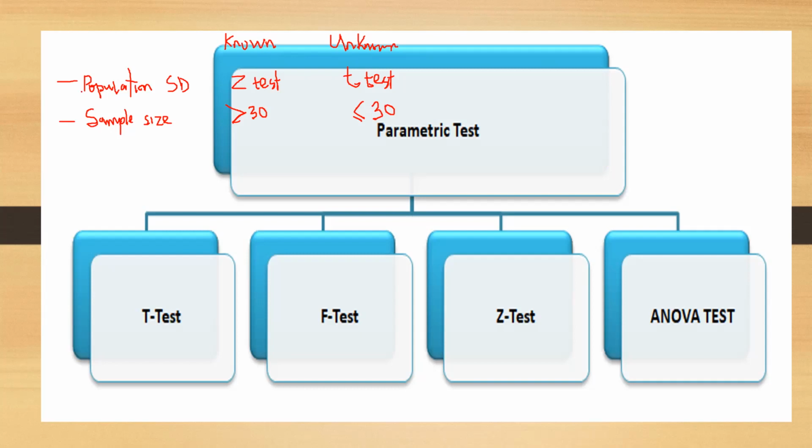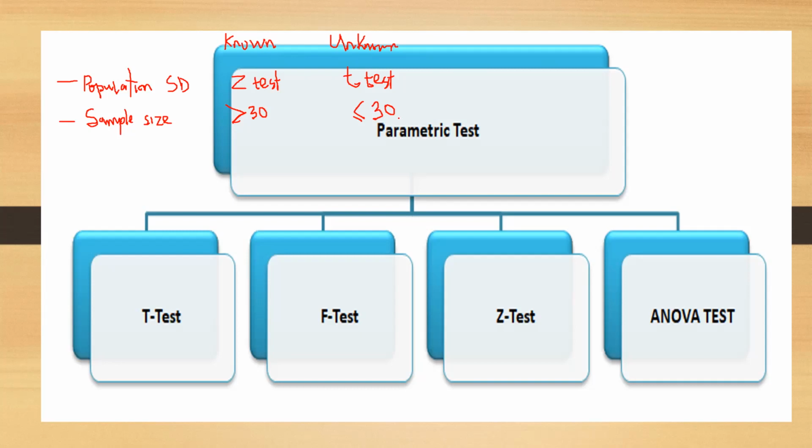I'm just saying if you know the standard deviation of the population you are dealing with, then you use your z-test. But if you don't know it, you use your t-test. If the sample size is greater than 30, then use your z-test. But if it is less than or equal to 30, use your t-test. There's nothing coding. I didn't code anything.